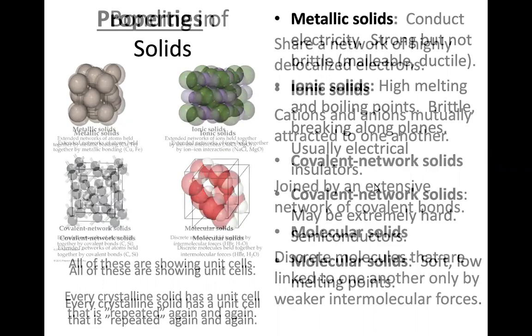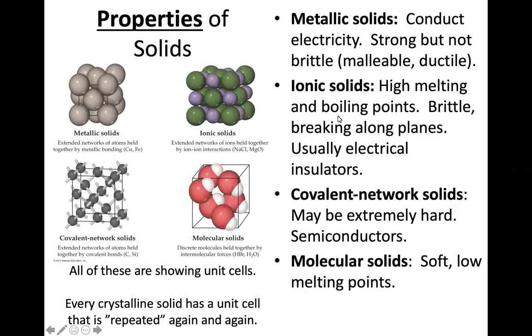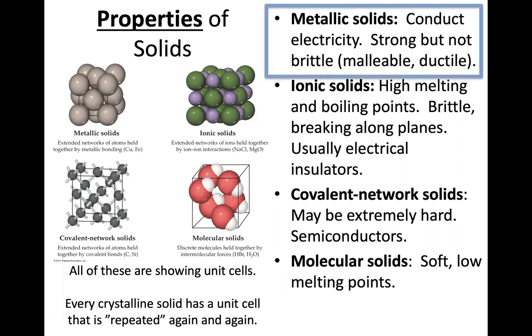I want to start to think about how the bonding in the arrangement, the structure, leads to different properties. So we want to know the properties associated with each of these types of solids. When we're thinking about metals, they conduct electricity.